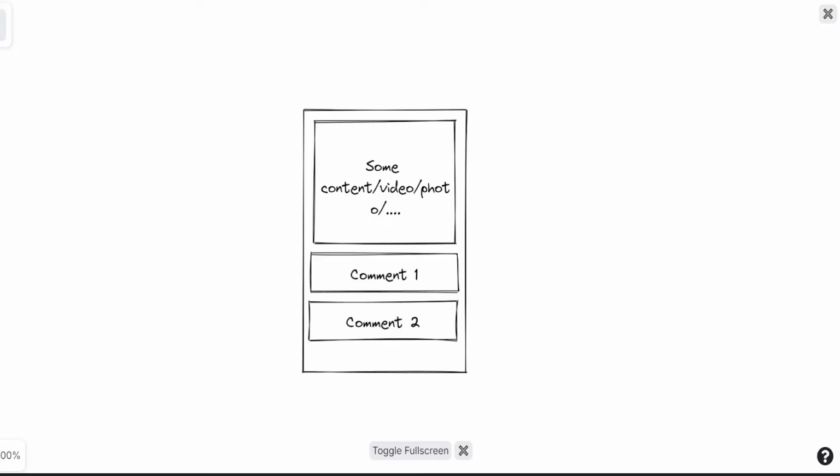Comment 1, comment 2. The interesting thing happens if you are just staring at the screen, not doing anything, just looking at the screen, enjoying the video or the photo, and then sometimes you will see somebody is typing. And then somebody's typing gets resolved into a new comment, like comment 3.